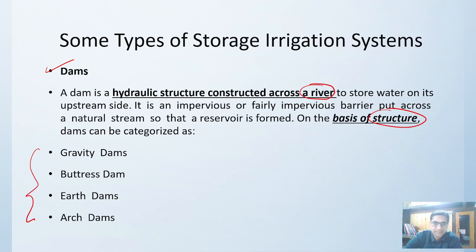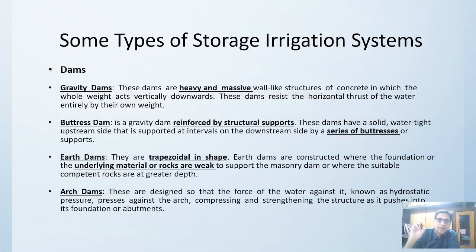Slight differences are there. We don't have to dive into the functioning of a dam. We just have to know what a dam is, how many types of dams there are, and their use. So, gravity dams are heavy and very massive.